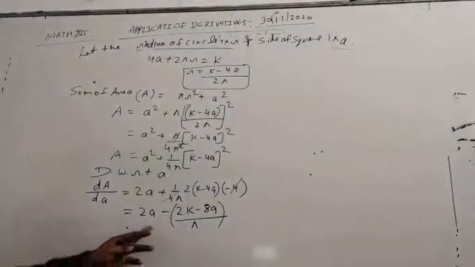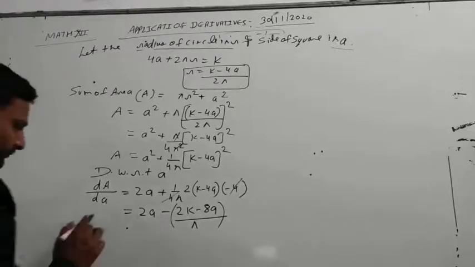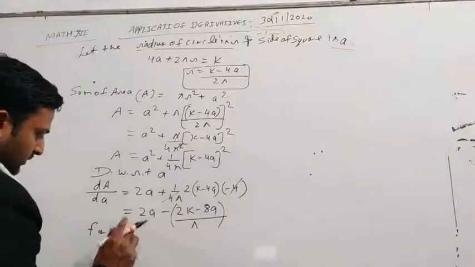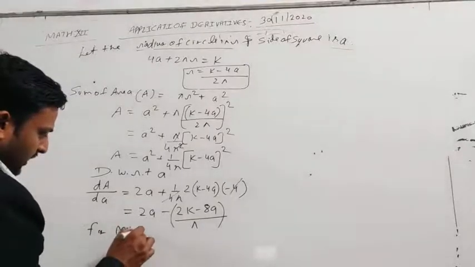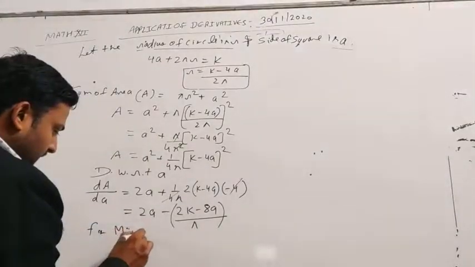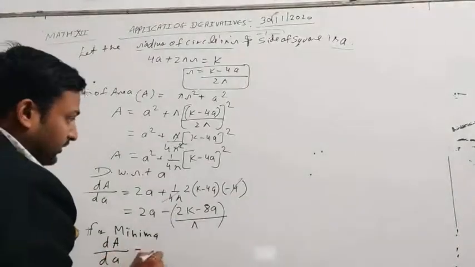So it will be dA upon da. Now you know for maxima or minima we will always use dA upon da is equal to 0. So this will be equal to 0, and from here we will find our a. For minima we write dA upon da is equal to 0.